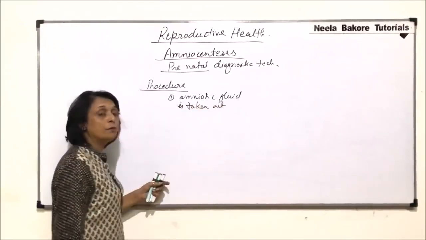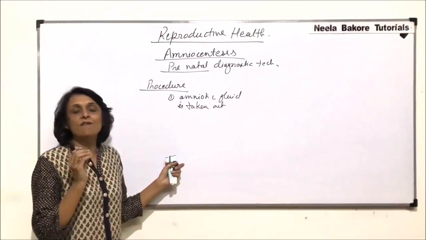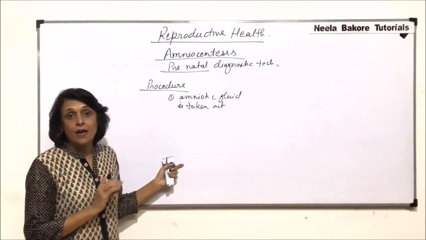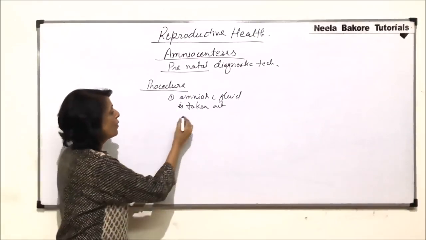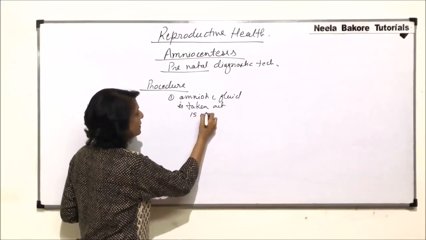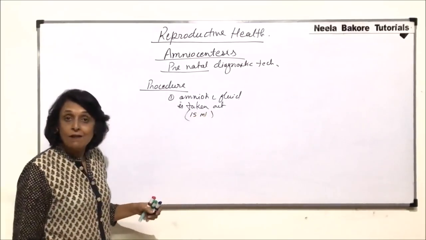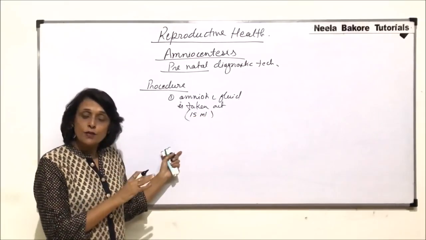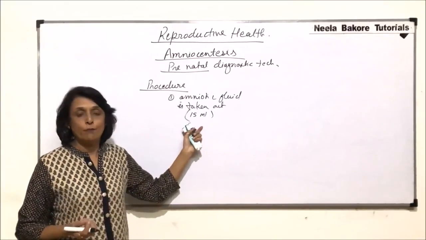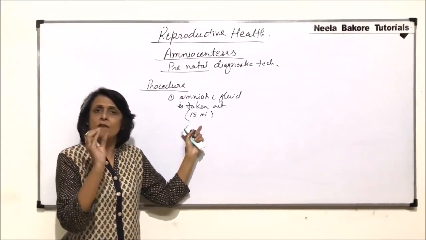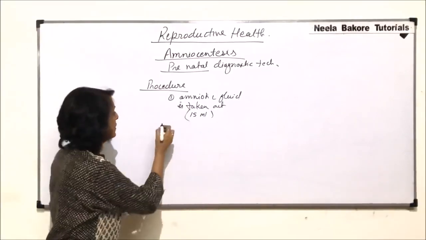Now this fluid which is taken out is very less in quantity. Normally it should not be more than 15 milliliters. But if less than that is enough, then we don't take out that much. So it is a very small quantity which is taken out.